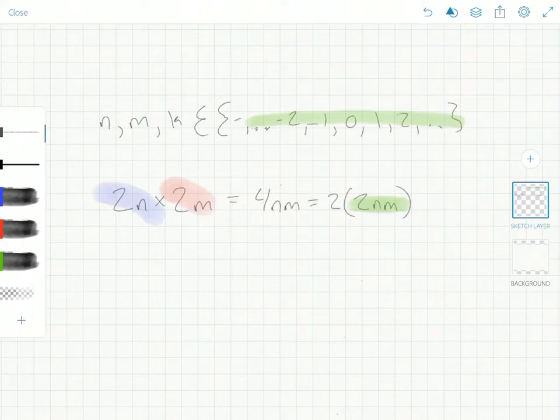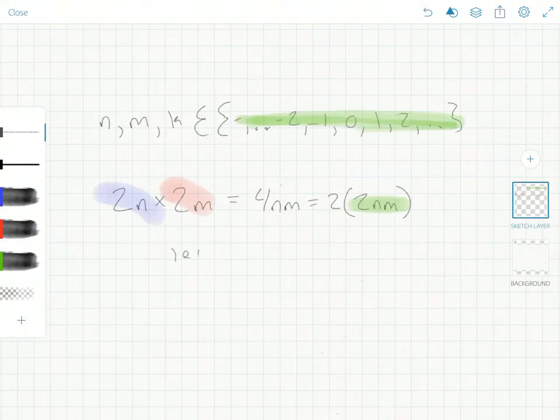So let n equal 2, let m equal 3, and now this thing right here is just 2 times 2 times 3, which would be 12. And it doesn't matter what you choose, anything you plug in for n and m is going to get you some number from this set of integers.